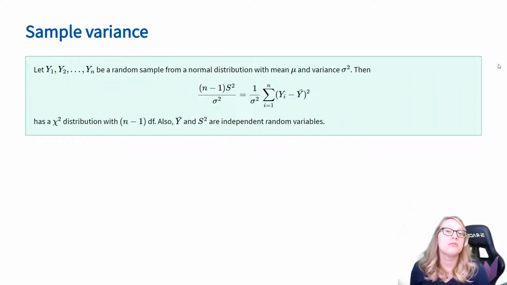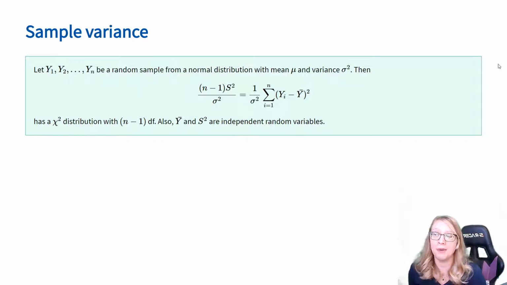Another really convenient result that we get here: let's let y1 through yn again be normally distributed. That's going to be a constant assumption throughout this entire video. Then it turns out that if we take n minus 1 times the sample variance and divide by the population variance, that follows a chi-square distribution with n minus 1 degrees of freedom.